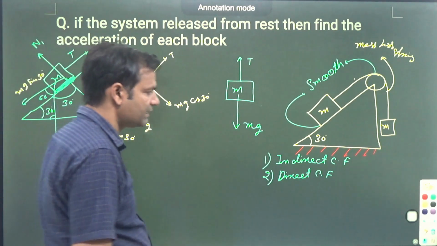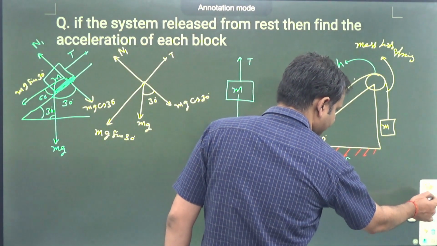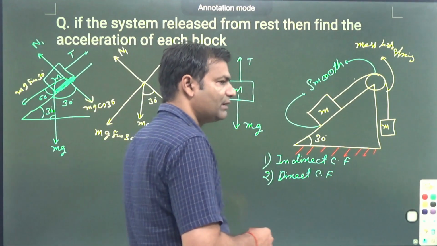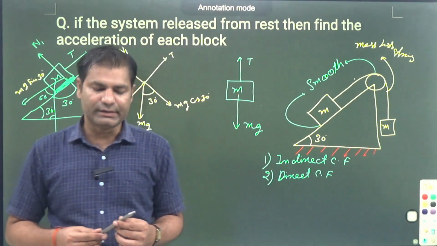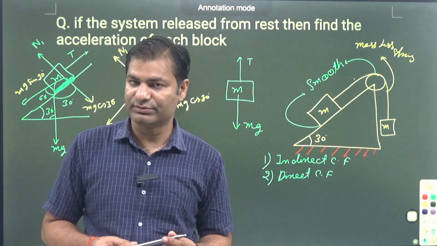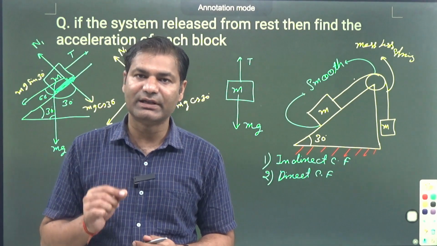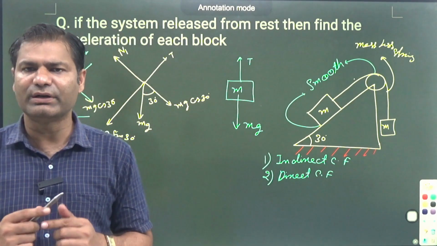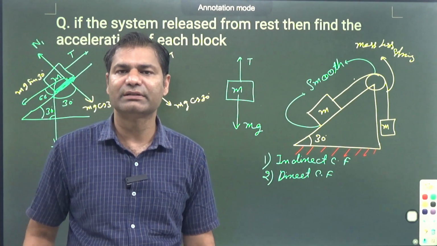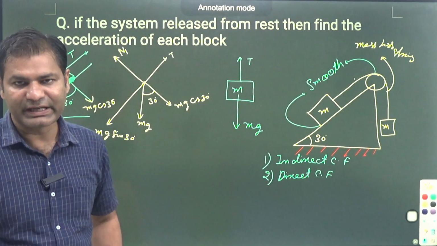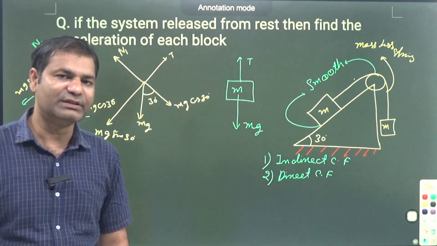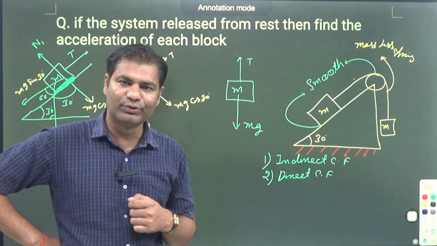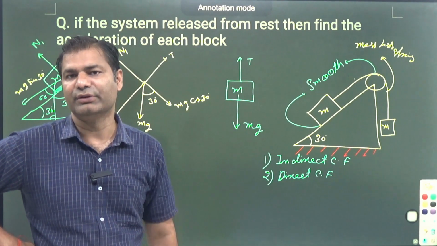Now the next target, very carefully: we focus on the direction in which the net force is 0. We select the capital X and capital Y axes, or you can say the vertical component and horizontal component. I have already discussed the vertical component, in which the net force is 0. So the third point is the direction in which the net force is 0, that is the vertical component.